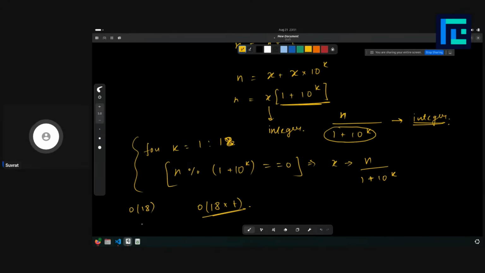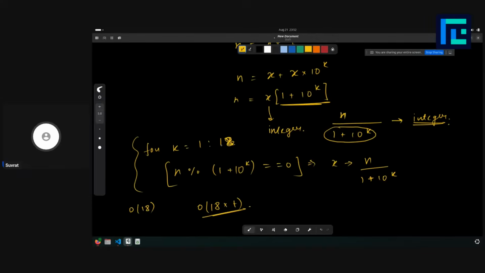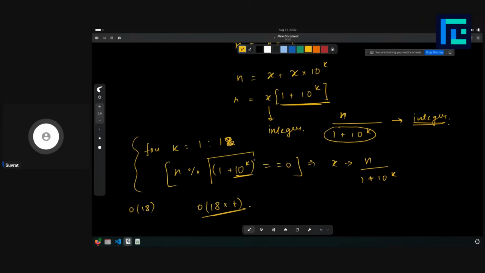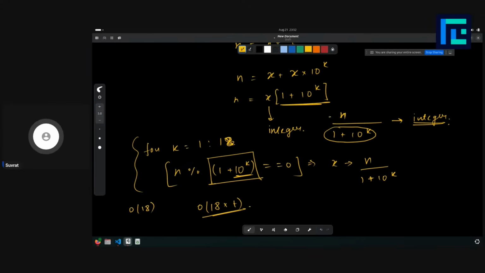I'll show you guys the code. So I take input n, and answer vector will store all the different possible numbers that would be answer. And basically cur is my 10 to the power k, and while cur plus 1 is less than equal to n, because since it is a factor of n, it must be less than equal to n.